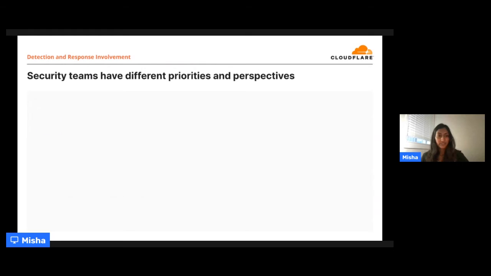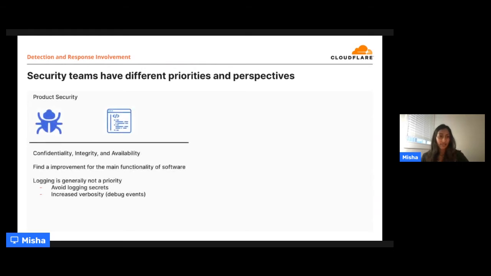So like I said, different teams have different priorities and perspectives, and in my experience, product security and application security usually have the principles of fixing vulnerabilities, and they're usually the first ones to come in to evaluate a system to understand what risks and software vulnerabilities exist. They generally seem to be focused on the foundational principles of confidentiality, integrity, and availability.